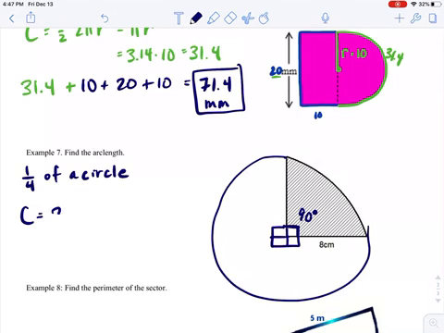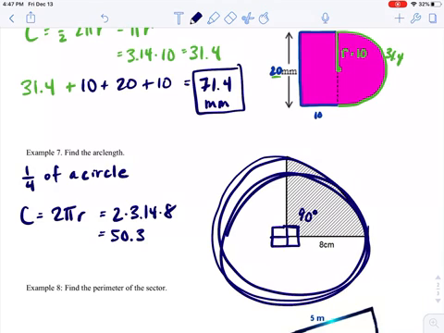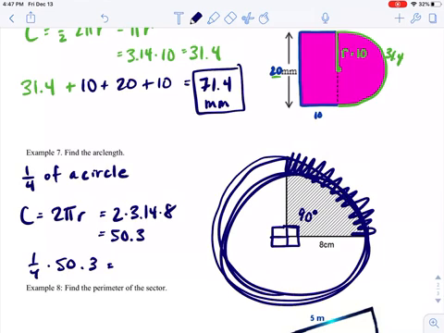The entire circumference is 2 pi r, or 2 times 3.14 times 8, which is 50.2 or 50.3. But again, that's the distance all the way around. But I just want a quarter of it. I want this quarter. So a quarter of that would be 12.6. And that's in centimeters.